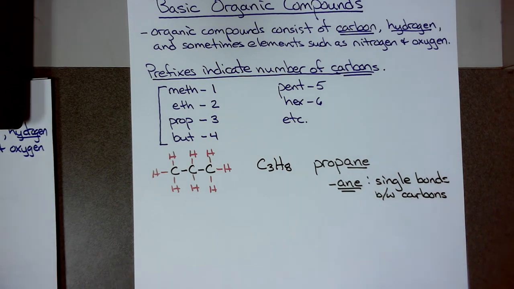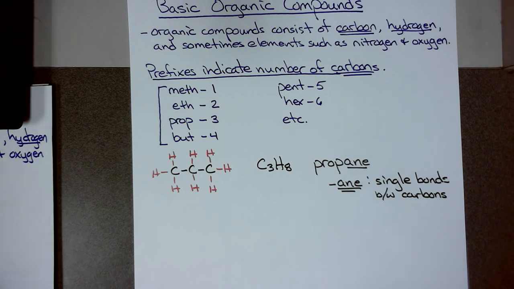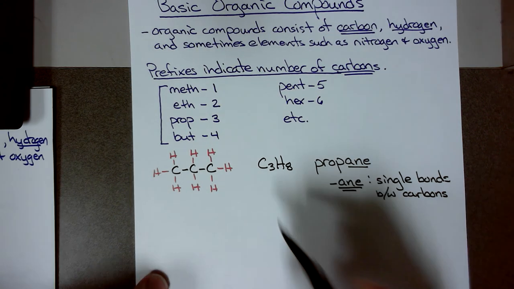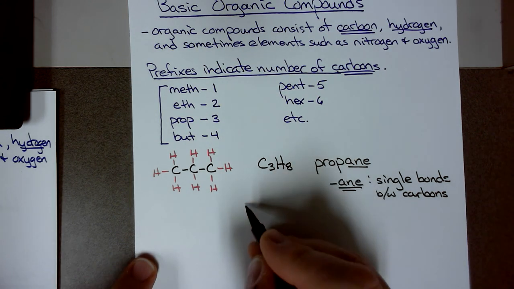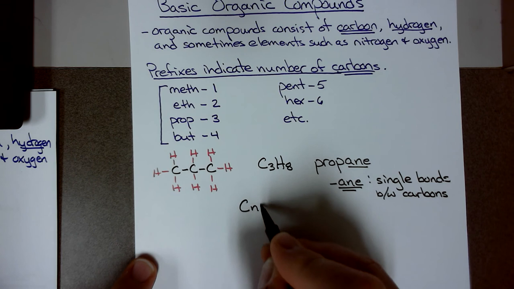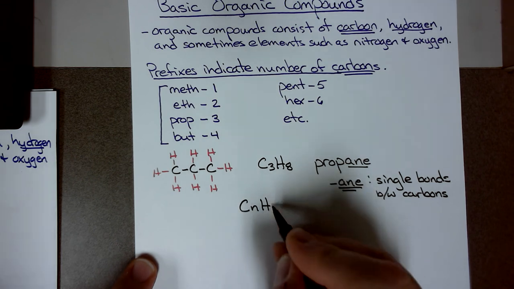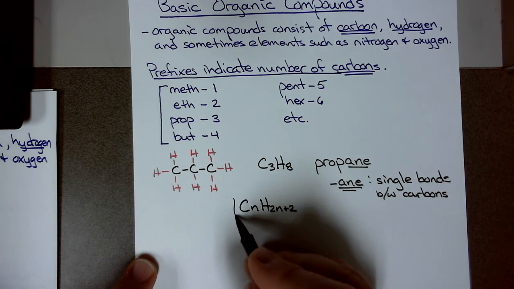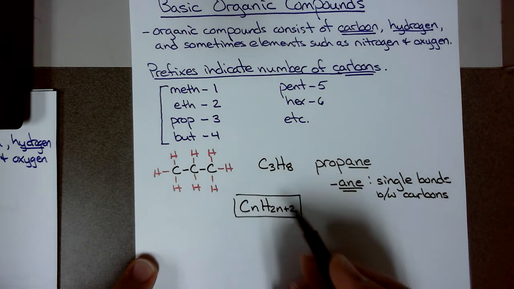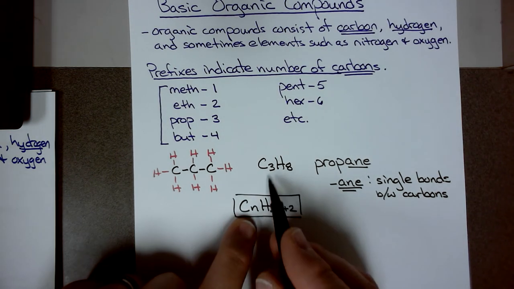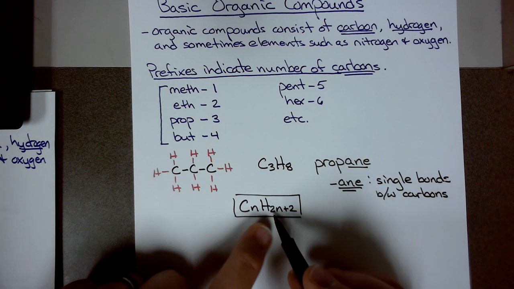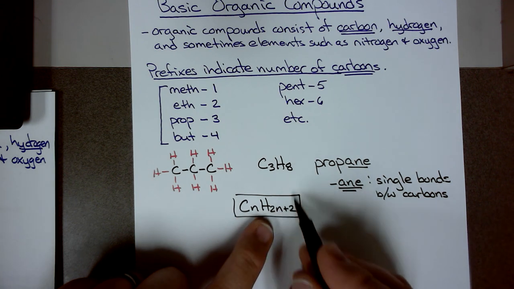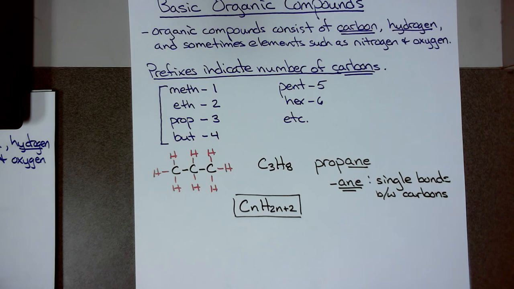Now, there's a formula that you can use to know that you have these single bonded carbons, and that formula is CnH2n+2. So if you think about it, that's C3, so that's n, and then number of H is 2 times 3 plus 2, would be 8. And let's see how that works.